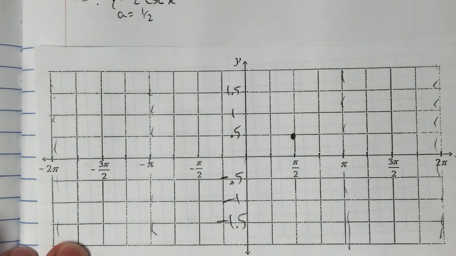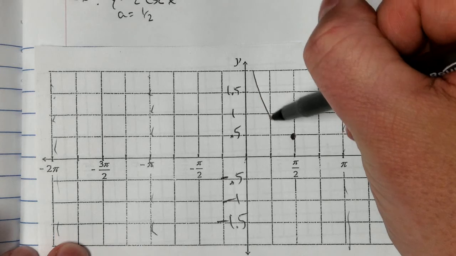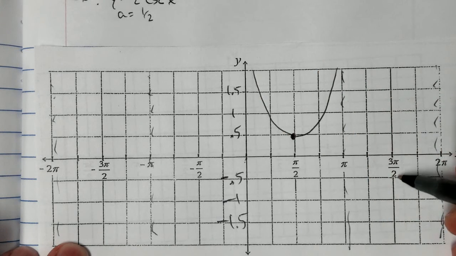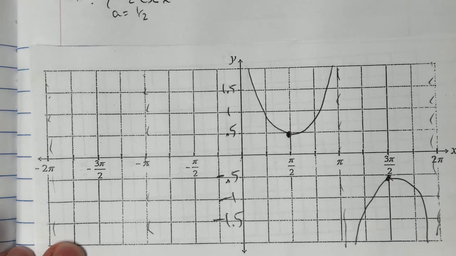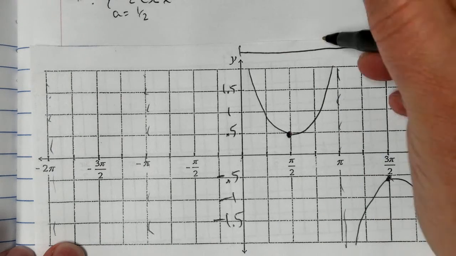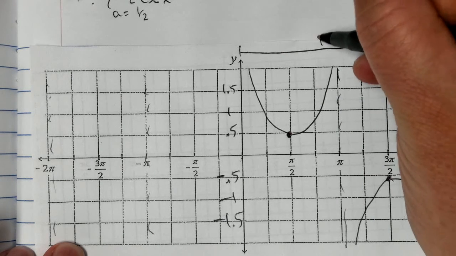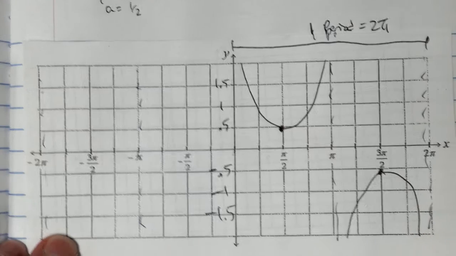And it's a complete up and down cycle, so it's going to be like this and this for one cycle. So this would be considered 1 period worth, 1 period, which is equal to 2 pi.